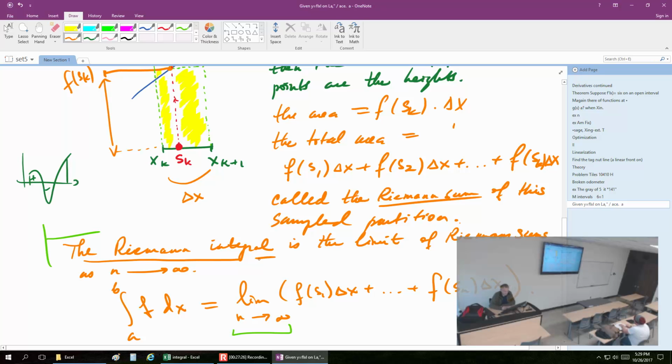The notation, as you can see on left, is related to the notation of the derivative. So that dx should be recognized once again as one whole thing, so it's not multiplication.